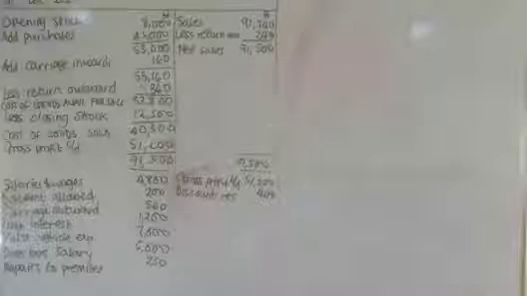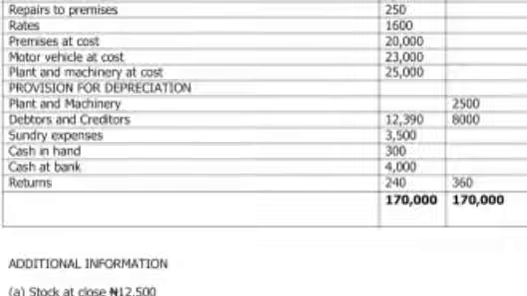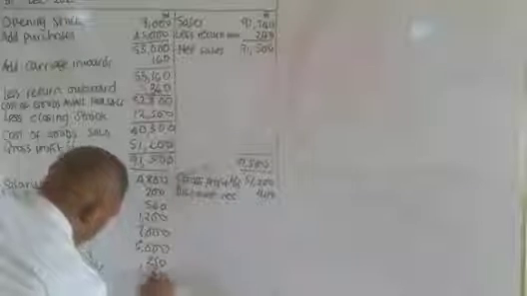The next one, we have rates. Rates is 1,280. Okay? Rates was actually adjusted. So, rates is 1,280.